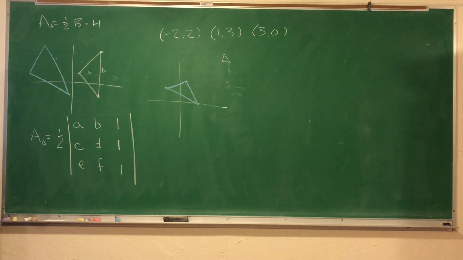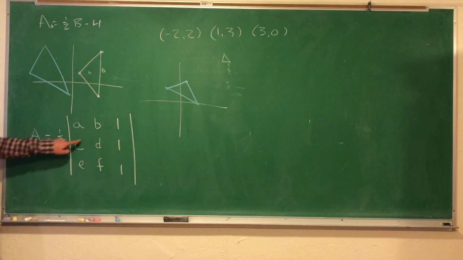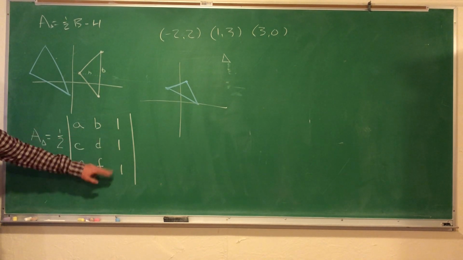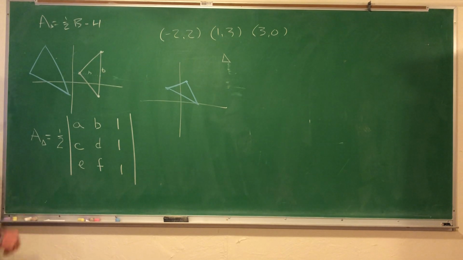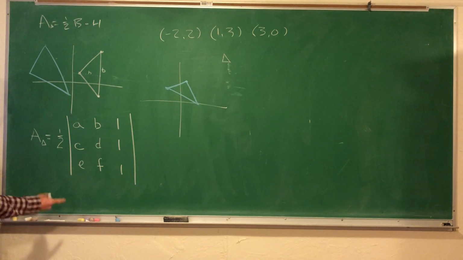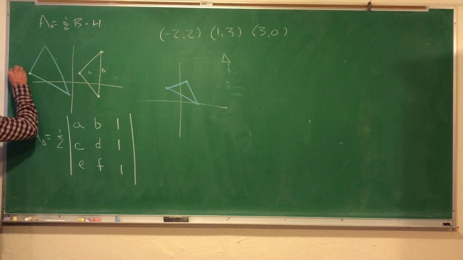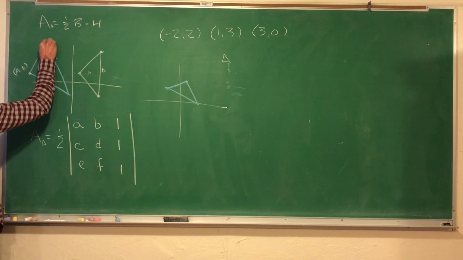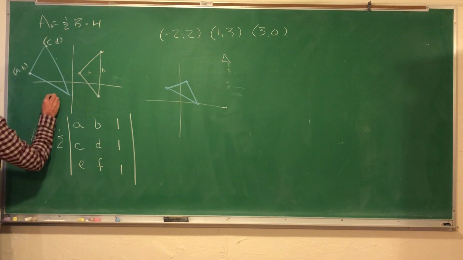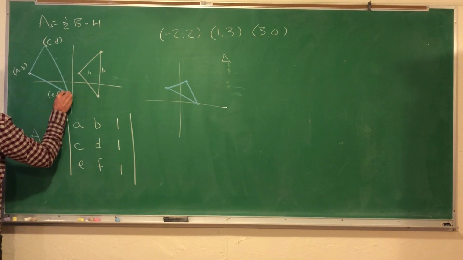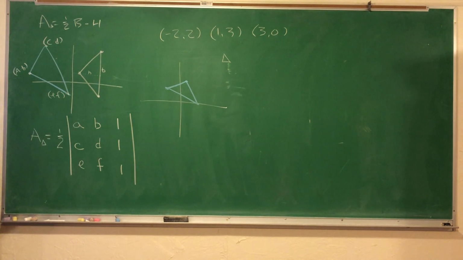Okay, so the area of a triangle using determinants is 1/2 times the coordinates with one column vector. The points here, it doesn't matter which one, would be A, B, C, D, E, F. It doesn't matter which one's where, but it does matter that you keep them as ordered pairs like that.